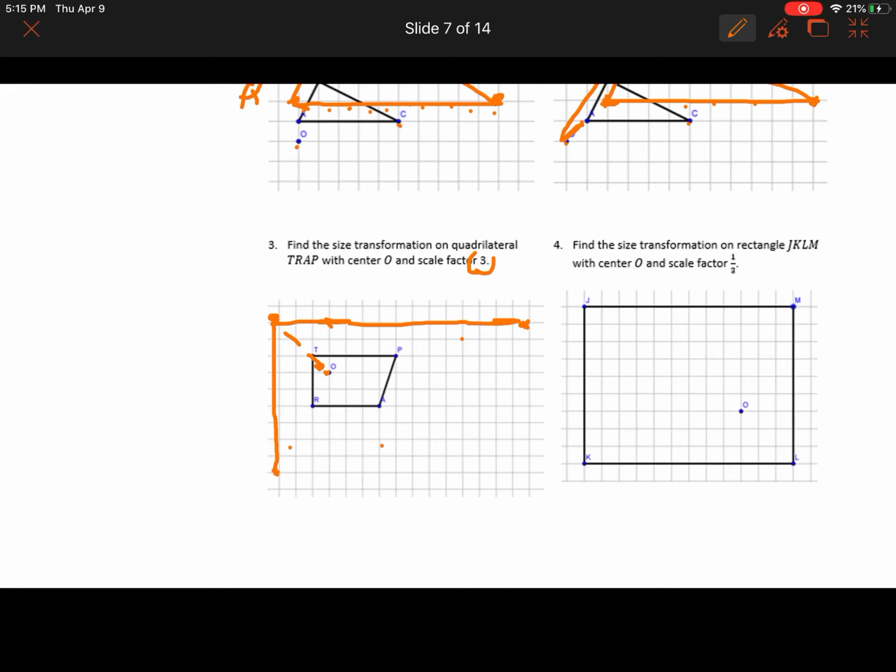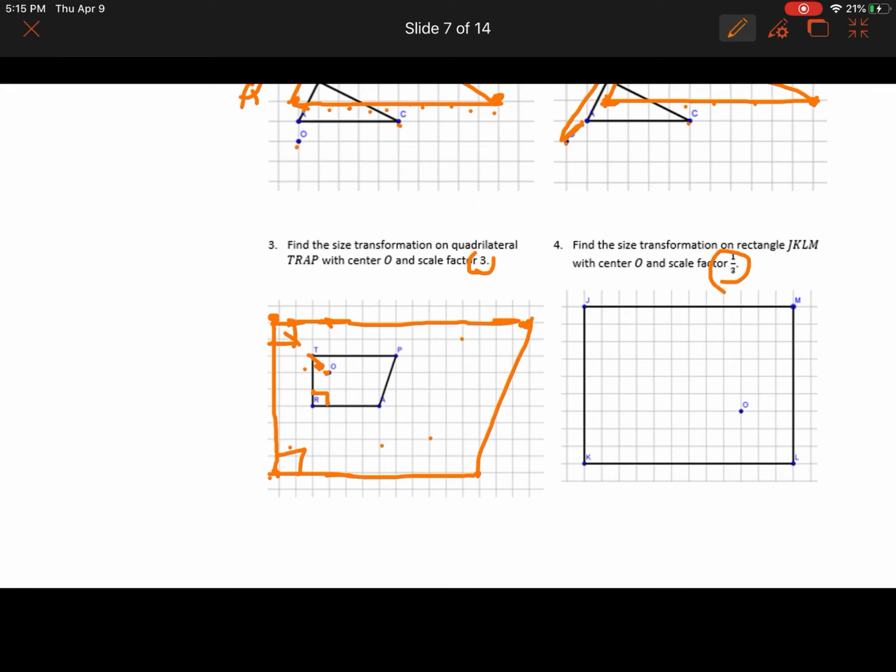So I go down 2 over 3 again, down 2 over 3, and that's my other point. So if you've done it right, the angles stay the same, right? This had some right angles here and here, so the new one has some right angles. Okay, so this one is a rectangle, the new one will be a rectangle.